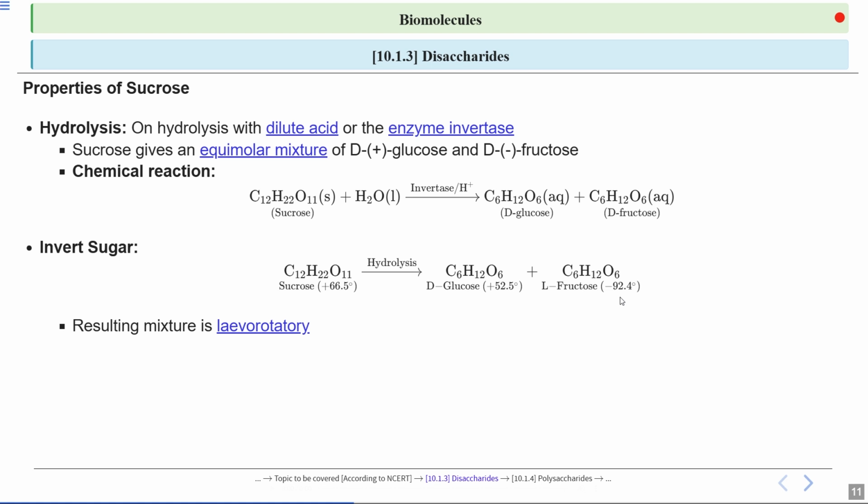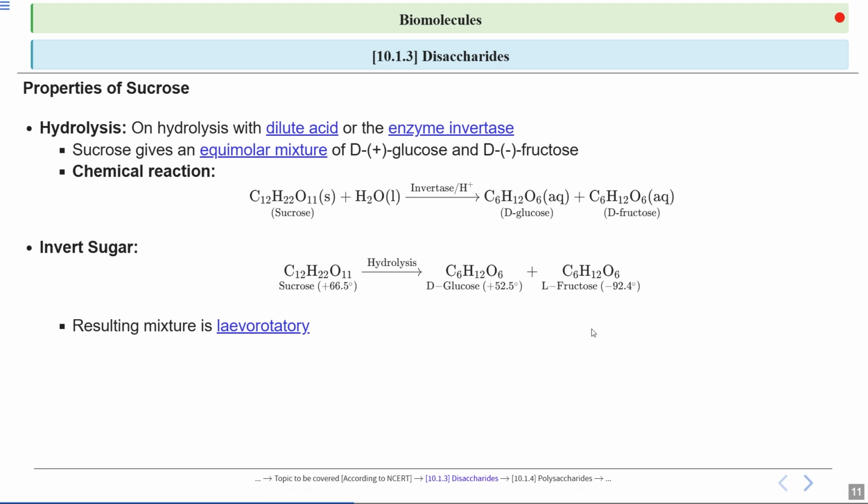When we mix these two products, the overall effect is that the solution becomes levorotatory. That is, the resulting mixture of D-glucose and L-fructose is levorotatory, because the negative rotation from fructose outweighs the positive rotation from glucose.